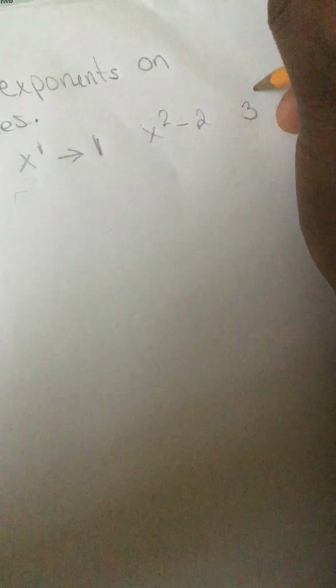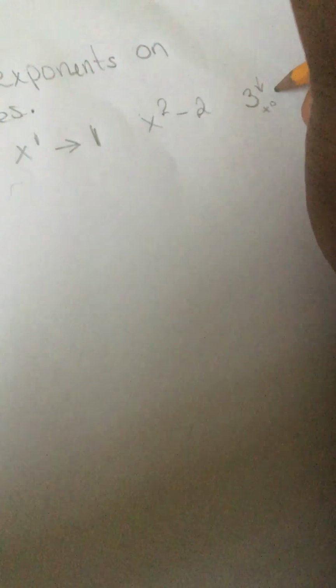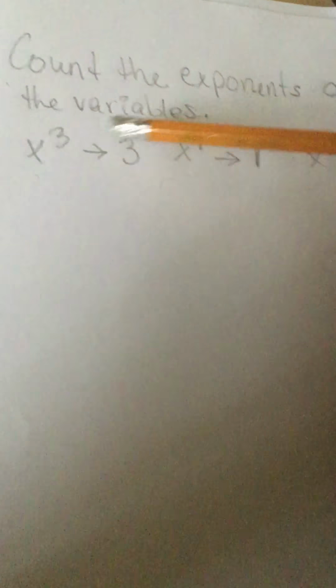Now, let's say it was just 3, because there's no x there, and technically there is an x there, but we haven't talked about it yet. It's x to the 0, so because it's x to the 0, it's just 0. Let me take away that equal sign because we're not doing an equation, so it goes to 0. So we look at the exponents on the variable.